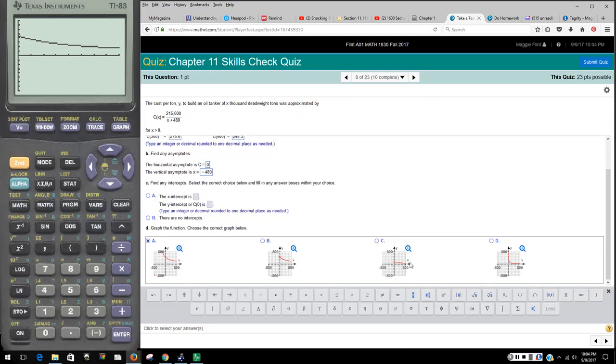So it's between B and C, but if you look at this picture, this probably looks a lot more like this one than this one.